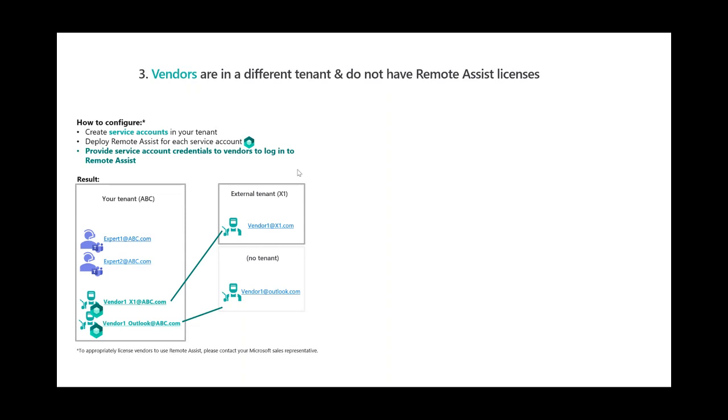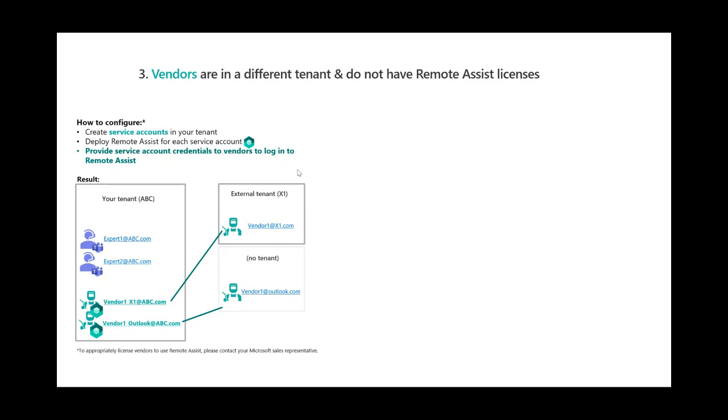Third, the ABC tenant will need to provide service account credentials to vendors to enable them to log in and use Remote Assist. So you can see with the lines here that vendor1@x1.com might be the email that they typically use for work, but if they want to use Remote Assist, they would need to sign into Remote Assist using the service account credential.